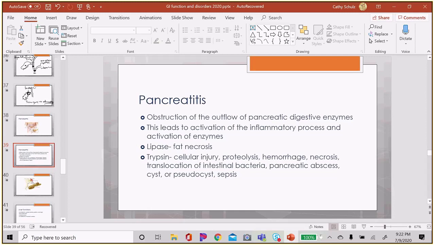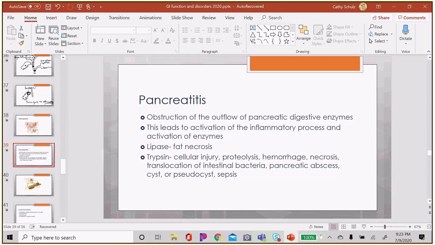The problem with the pancreas, since its exocrine function is to produce amylase, lipase, and protease, is that these are able to break down sugar, fat, and protein. That's what all cells are made of. So if I cause obstruction of outflow of those pancreatic digestive enzymes, they will be activated instead inside the pancreas.